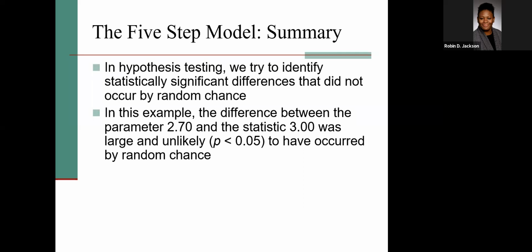So again, in this example that I just did, the difference between the parameter, the population mean, 2.70, and the sample mean, which is the statistic, 3.0, was large and unlikely to have occurred by random chance, because it fell so far out and it fell within that critical region that basically lets us know, yeah, this isn't random chance.